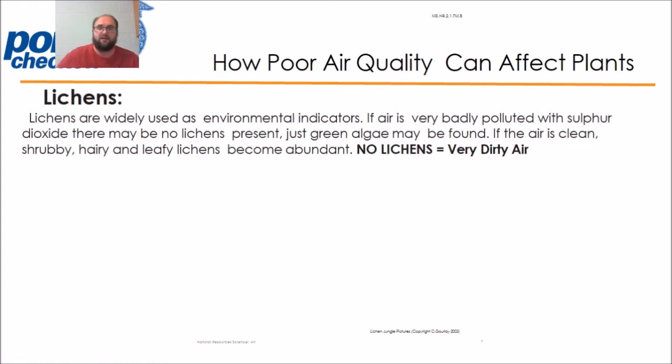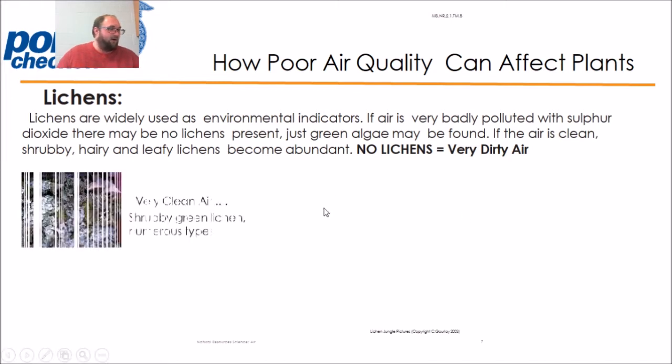So let's take a look at an example of a tree with good lichen and clean air. Let's see. Where is it? Lichens, where are you? Oh, there you are.